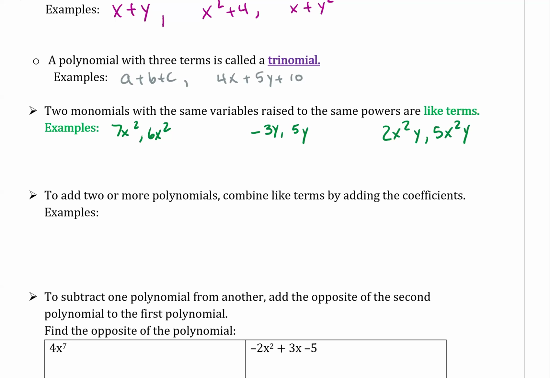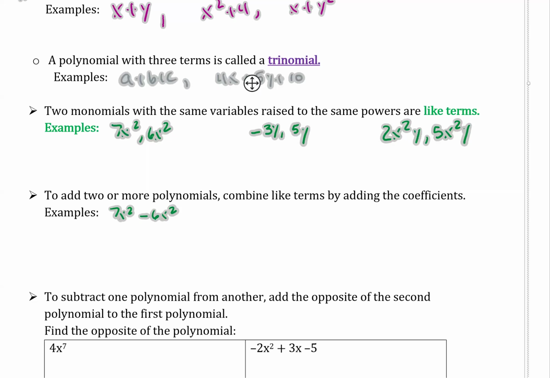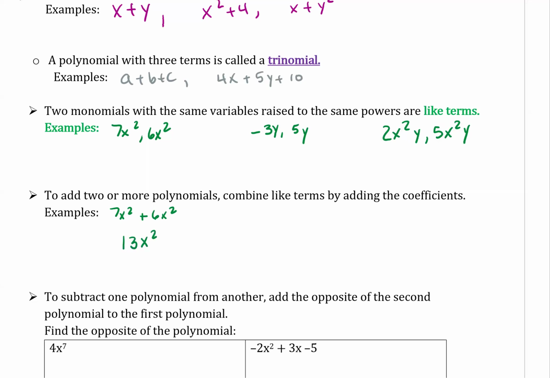So my examples above, we could take 7x squared plus 6x squared. They are like terms. All right, we're adding, so I better make it an addition problem. We can take 7 plus 6 and add them and get 13x squared. You do not change the variable or the exponent. In order to be alike, the variable and the exponent have to be the same.